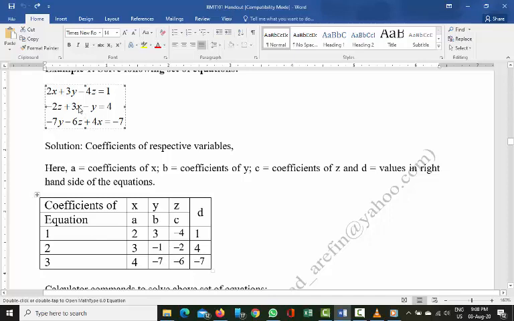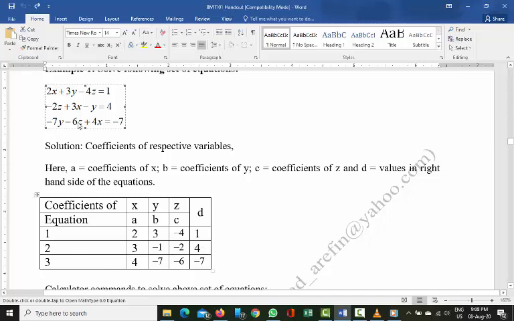Now we will move to the second equation. In the second equation, the coefficient of x is plus 3, that means only 3. The coefficient of y is minus 1, and the coefficient of z is minus 2, and on the right hand side of the second equation we have 4, so d is 4.